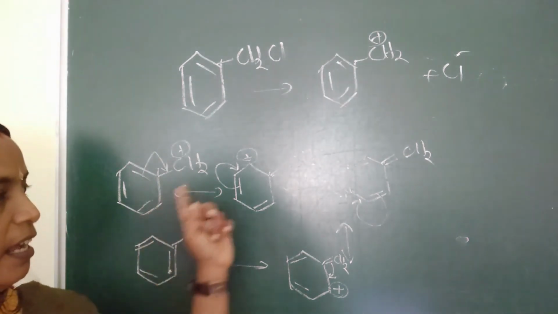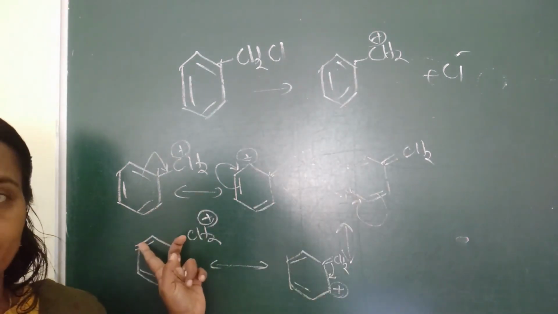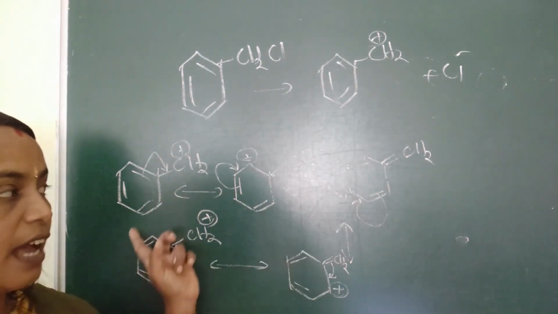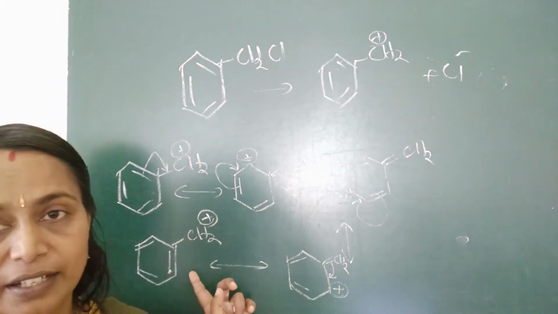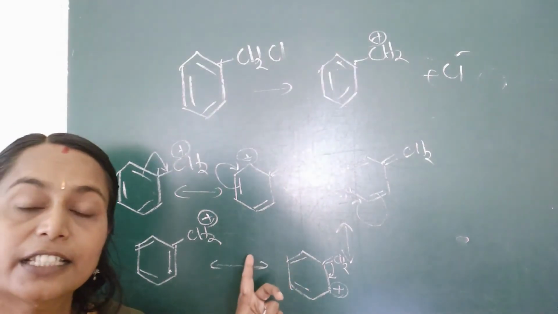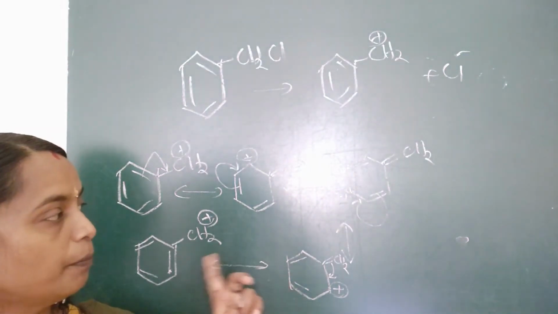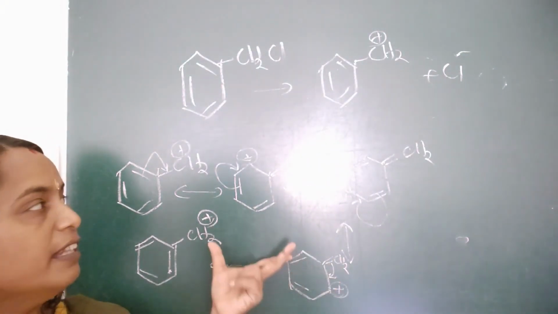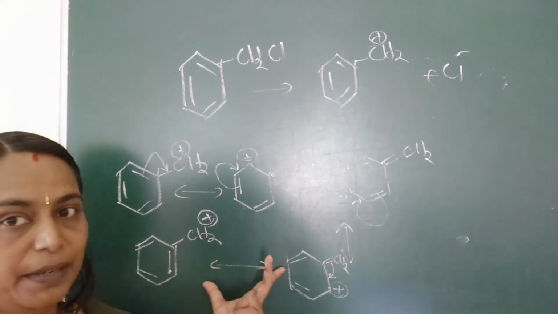That is, there is a stabilization. Resonance effect makes a stabilization possible. As the number of resonance structures increases, stability increases. And therefore, by the resonance effect, the carbocationic site is stabilized.